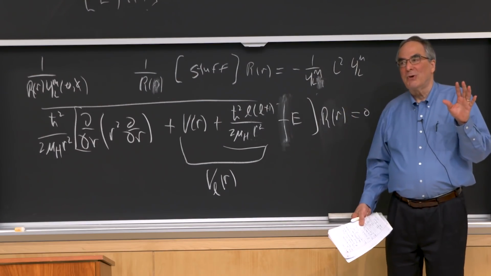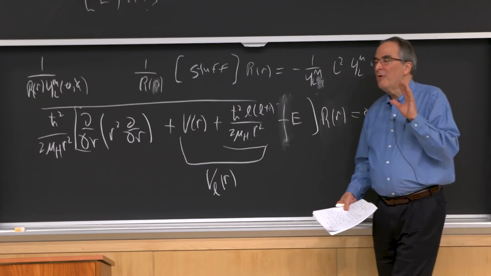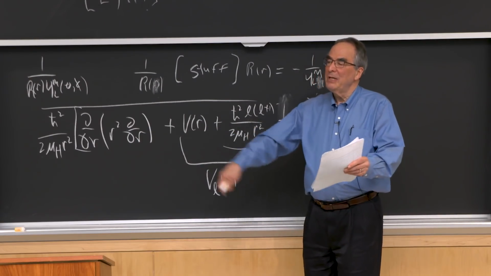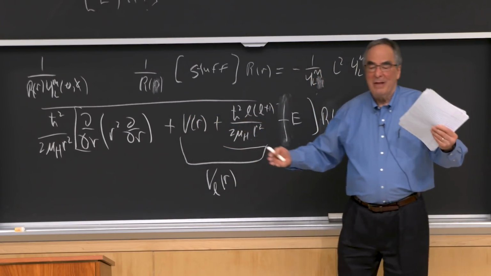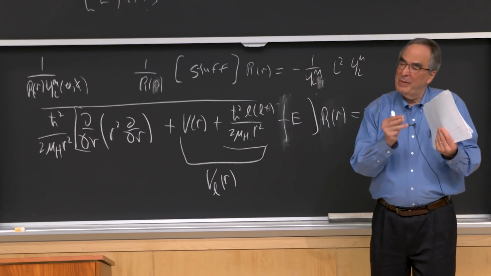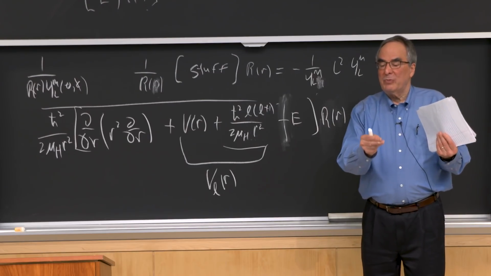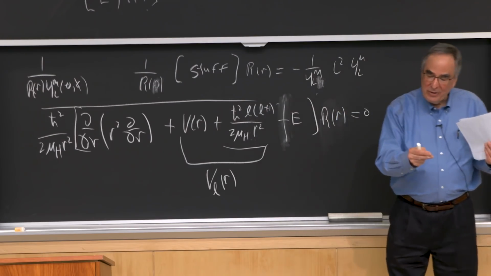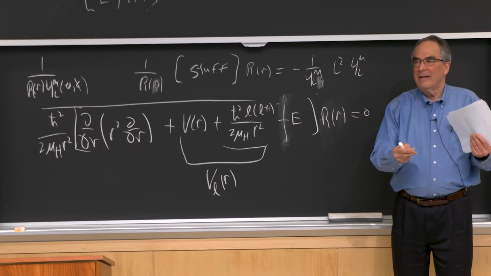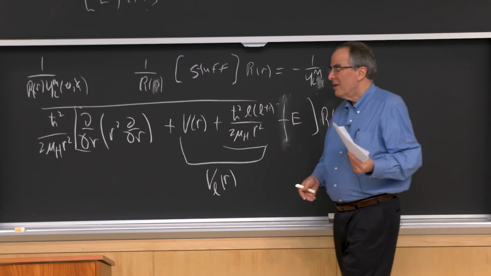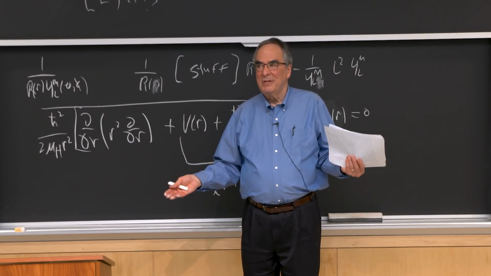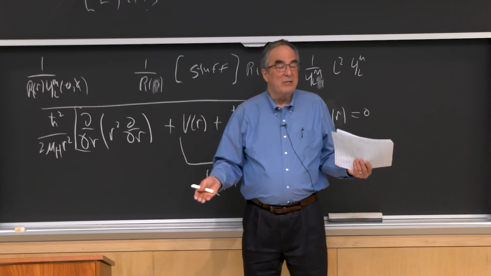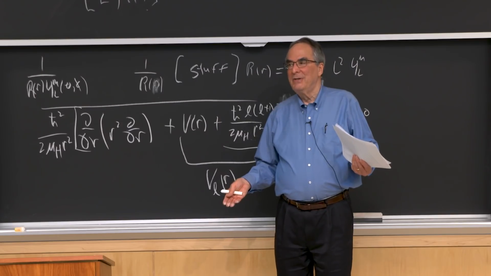And that's what Mr. Bohr was thinking about, that we have only circular orbits, or we have only orbits that are away from the place where the Coulomb interaction would be infinite. And there are several things wrong with Bohr's picture. One is that we have orbits, and the other is that we don't include L equals 0.